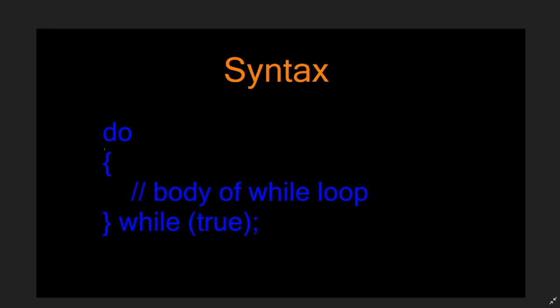So first of all, we execute the body of the loop, and after that we check the expression if it's true or false. If it's true, then we continue executing the code, and if we have some expression that returns false, after the returned false value, we go outside of the do while loop and continue with the other code if there is some other code.